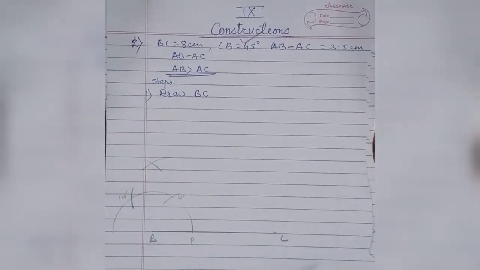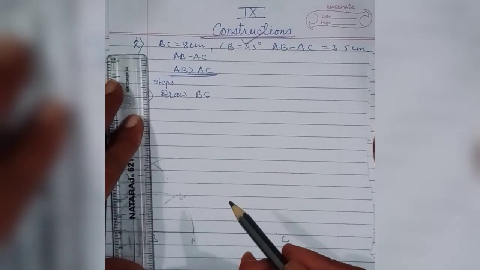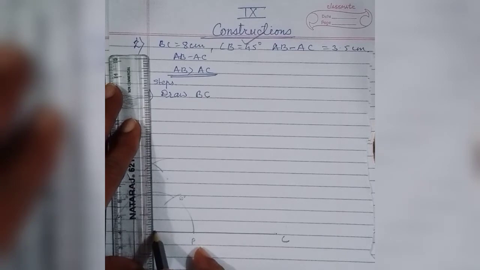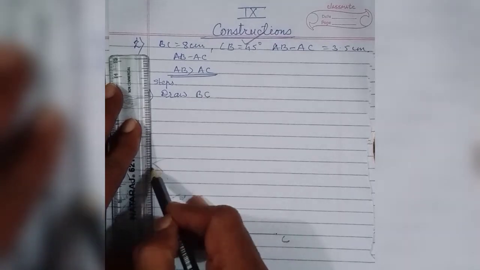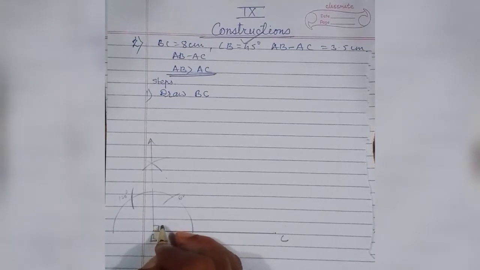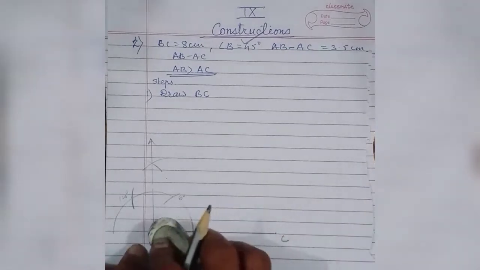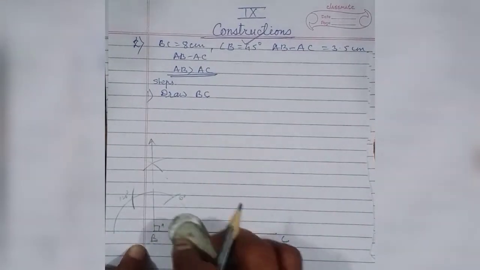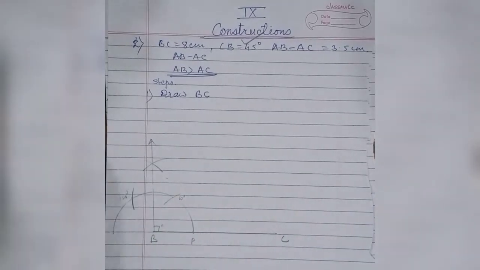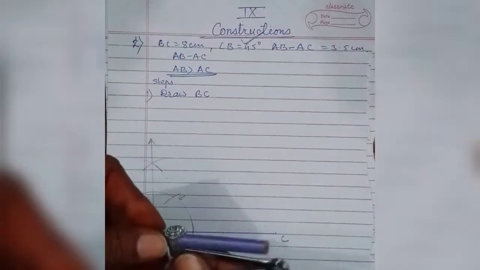Okay, join this. Angle of 90 degree. No need to write. The sign shows the angle is of right angle. My construction was perfect, I think.